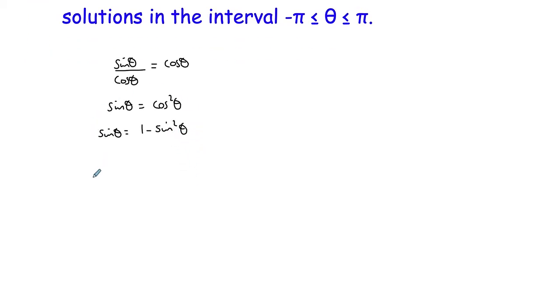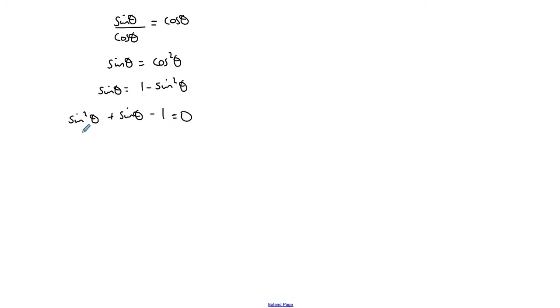If I add everything to the left hand side, I'm going to have sine squared theta, plus my sine theta in the middle, minus 1, is equal to 0. I've written that in that order so that it looks like a quadratic, because if I let x equal sine theta, we can now solve x squared plus x take 1 equals 0.